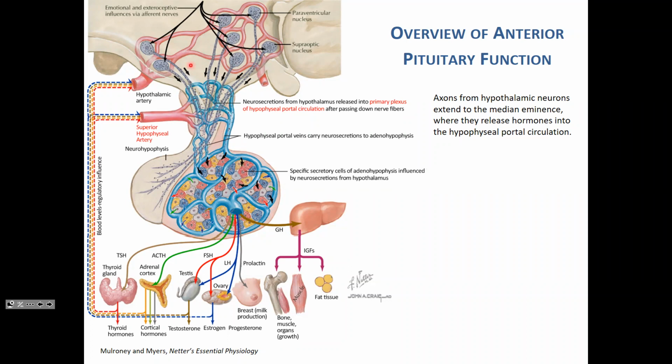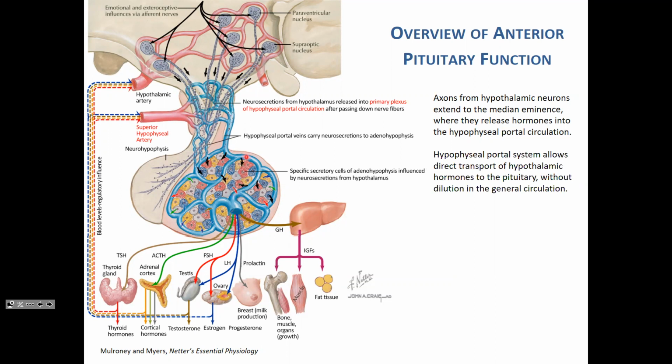All right. So we have axons in the hypothalamus that extend down to the median eminence. They're going to release hormones into this area. They're going to be picked up by those capillaries, because the capillaries are fenestrated and allow the uptake of those hypothalamic hormones. The hypothalamic hormones are going to go into the hypophyseal portal circulation, flow down, and affect different endocrine cells in the anterior pituitary.